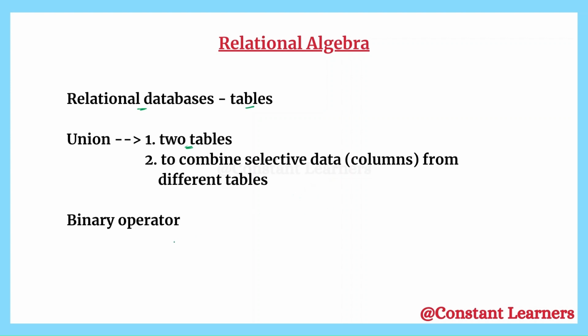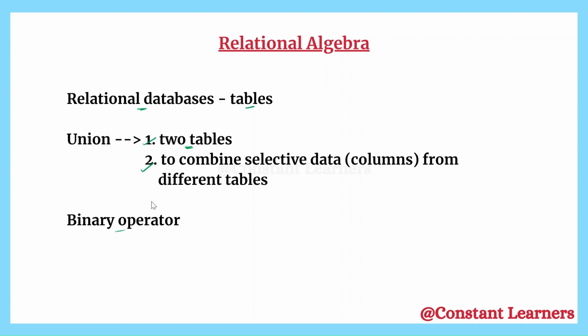So we can say that union is a binary operator because we need multiple tables to use the union operation. We're going to understand both of these criteria in just a bit with some examples.